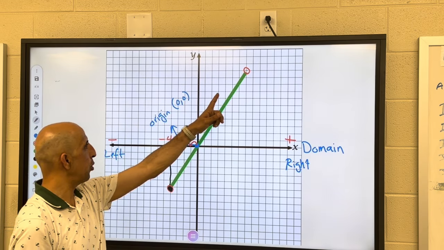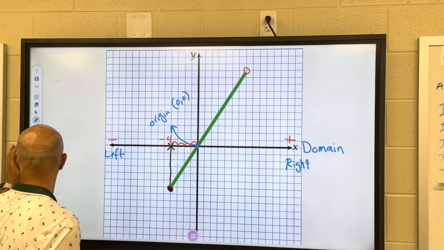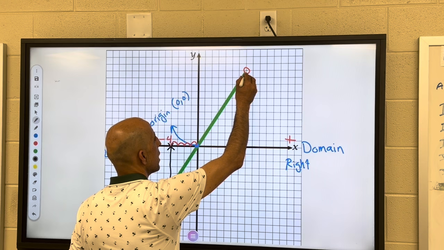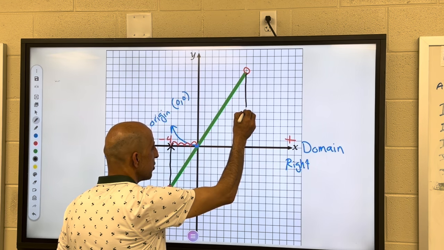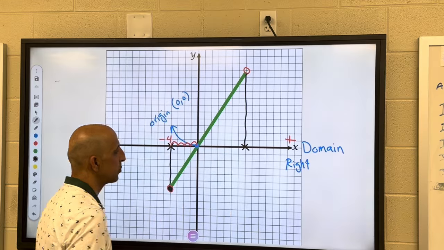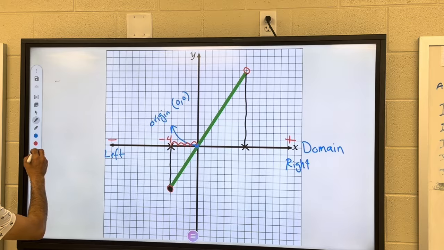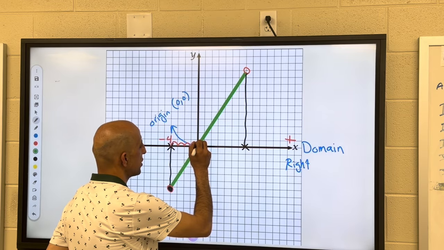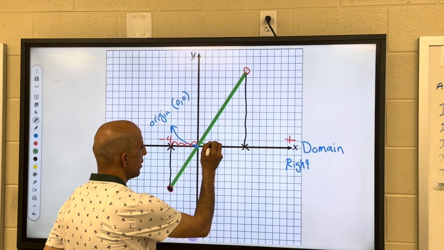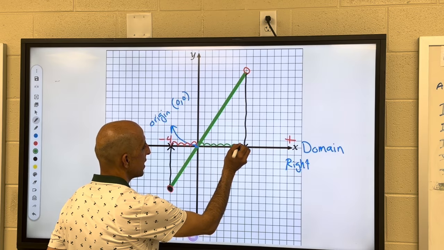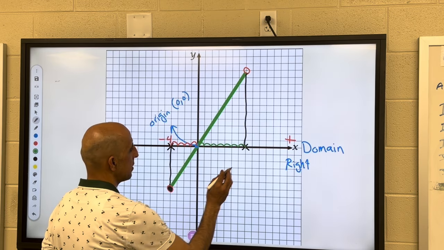For the second point, I will do the same, and I will draw this line toward the x-axis, reaching this point here. Starting from 0, 0 or the origin, I can count 1, 2, 3, 4, 5, 6, and 7.